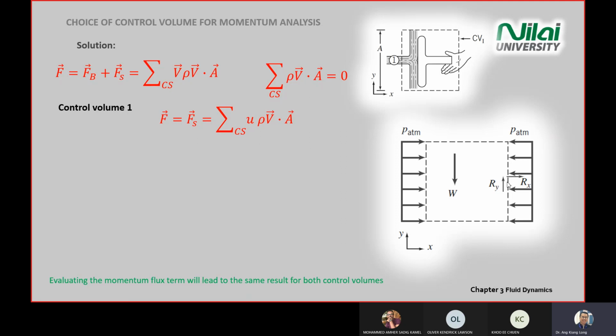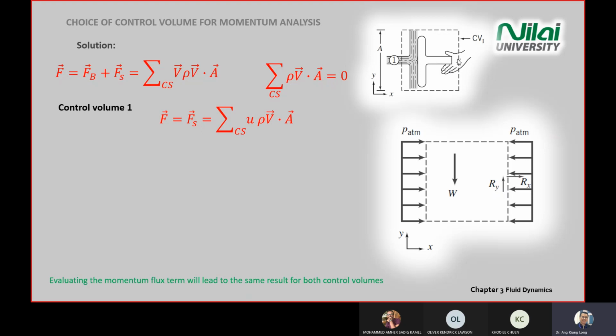So you draw the control volume, and then you start with the forces. You start with the weight going down, and then there is the Ry component, the reaction force in y, and the reaction force in the Rx component. You assume that you have a fixed position, or that there's a fixture on the right hand side, which means you fix something here.